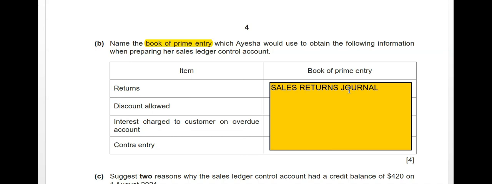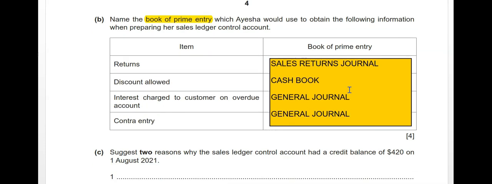Okay, and they only mentioned returns when we are preparing sales ledger control account, so obviously we are talking about return inwards. Discount allowed always go in the cash book, and any interest charged to customer will go in the general journal. Any contra entry is also recorded in the general journal. So these are the books of prime entry.